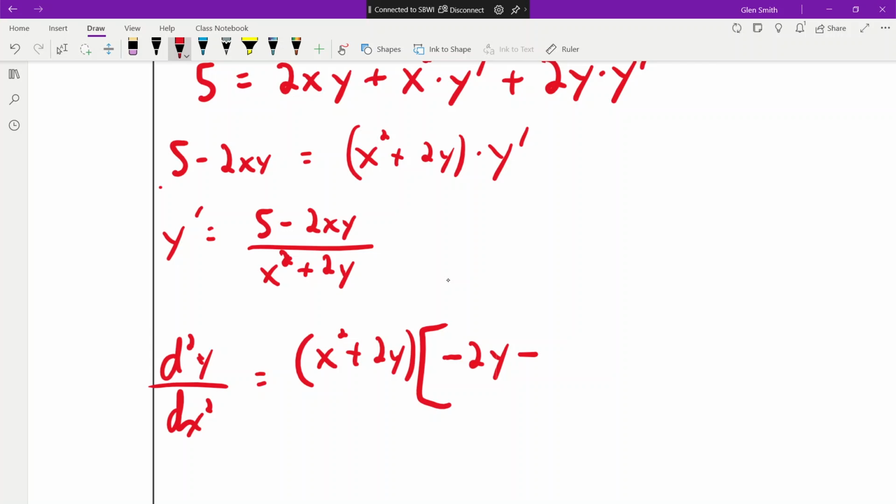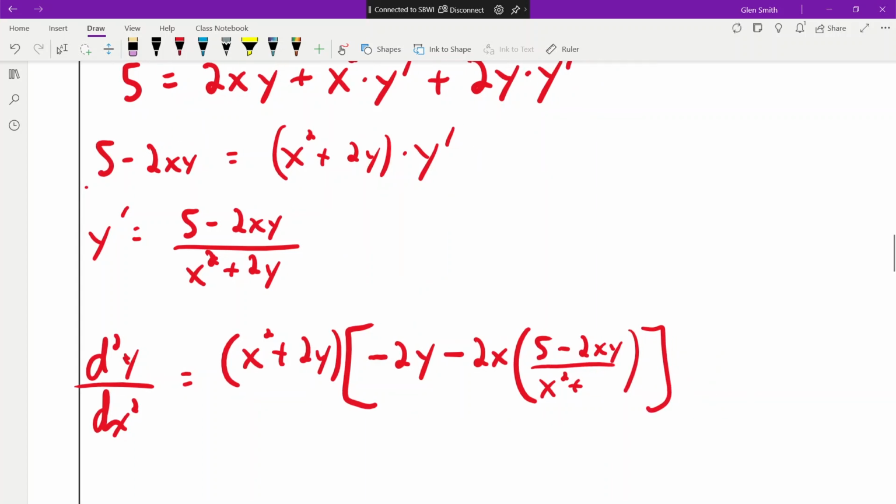The derivative of negative 2x is negative 2y. It should be a plus, but it's really going to be a minus. Okay? We leave the 2x and we derive y. So I should really put a dy dx right here, or a y prime. Is everybody okay with that? But because I'm going to make you plug in what y prime is, let's just put what it is right here.